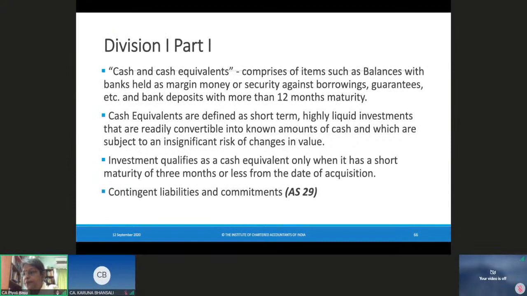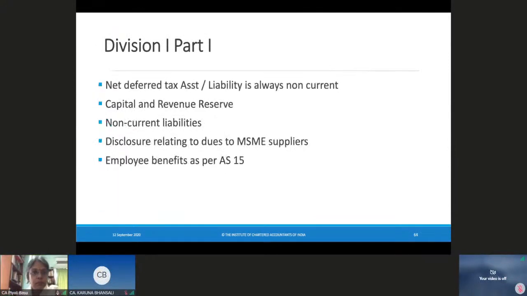So if we come to the share capital, capital and reserves. First thing is here, share capital. Certain things you have to disclose there, and the company has to disclose there, and the auditor has to ensure that it is in that format.